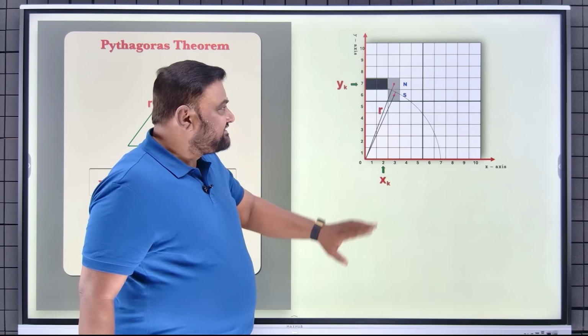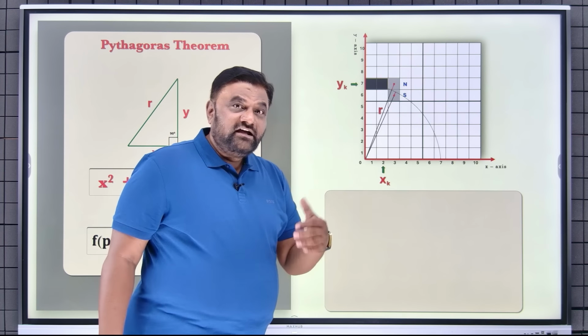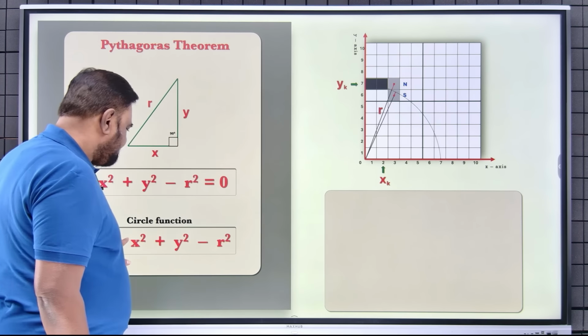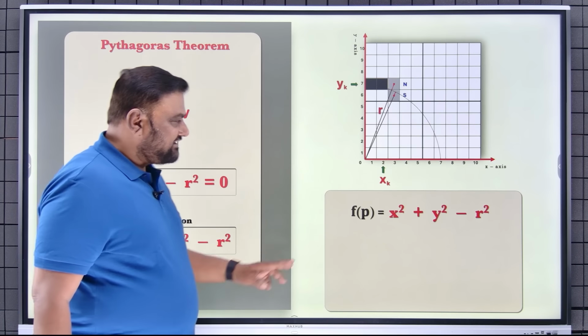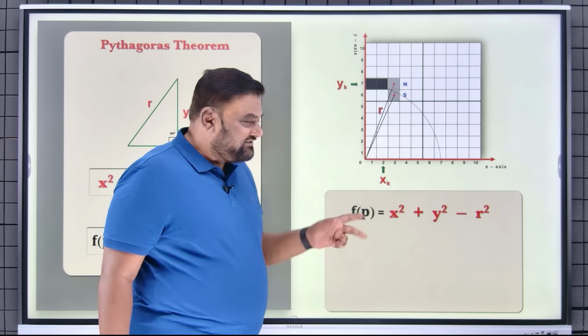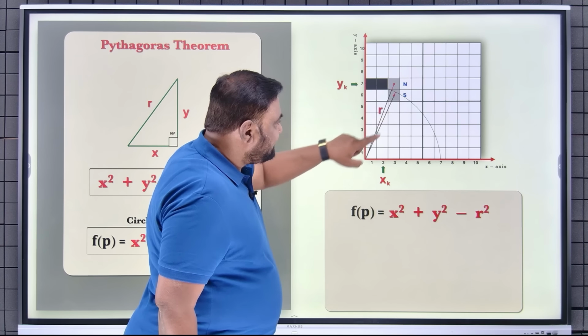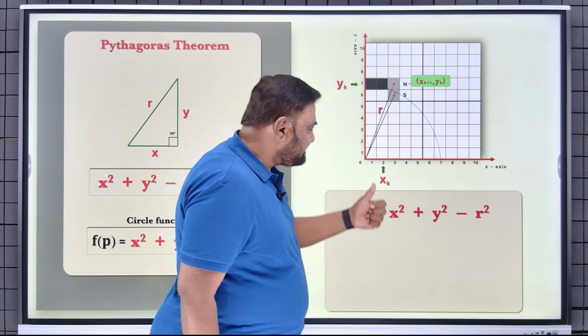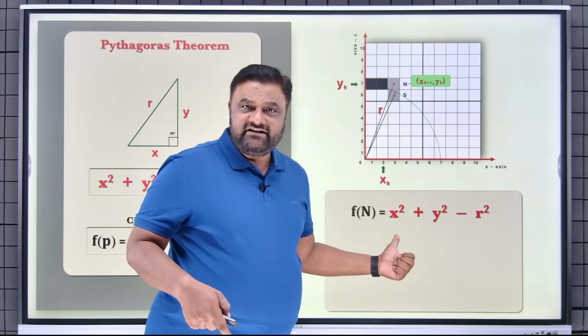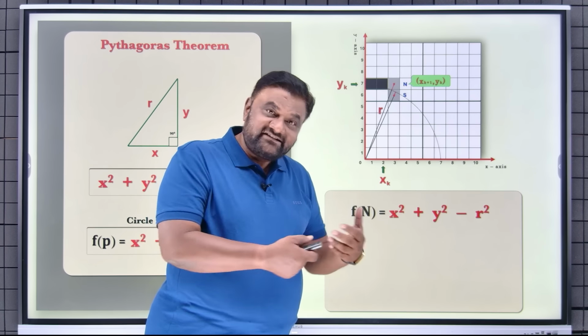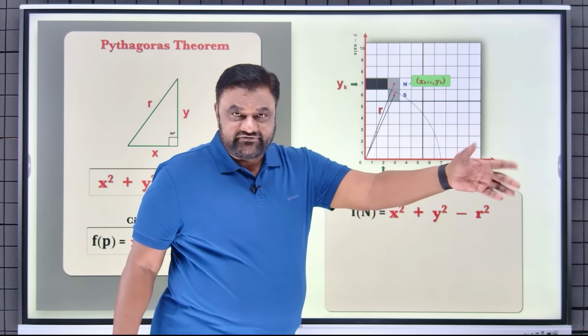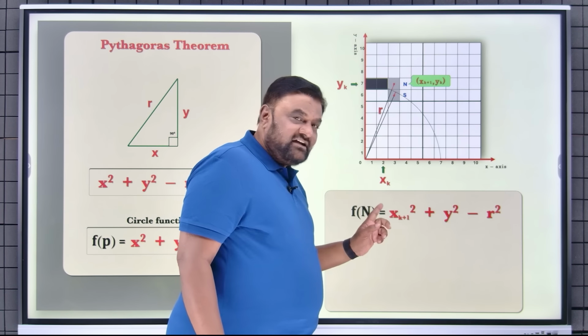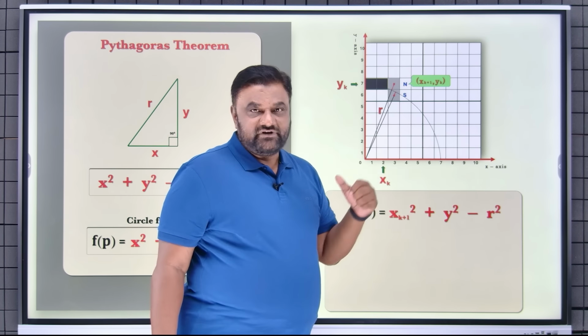Now using this north and south pixel, let us use the Pythagoras theorem. Let us bring this function here. I'll put the north point here. What is the x value? xk plus 1, where I keep k plus 1 in the subscript to show the next k. We know it is plus 1 definitely. I'll write it as xk plus 1 whole square.